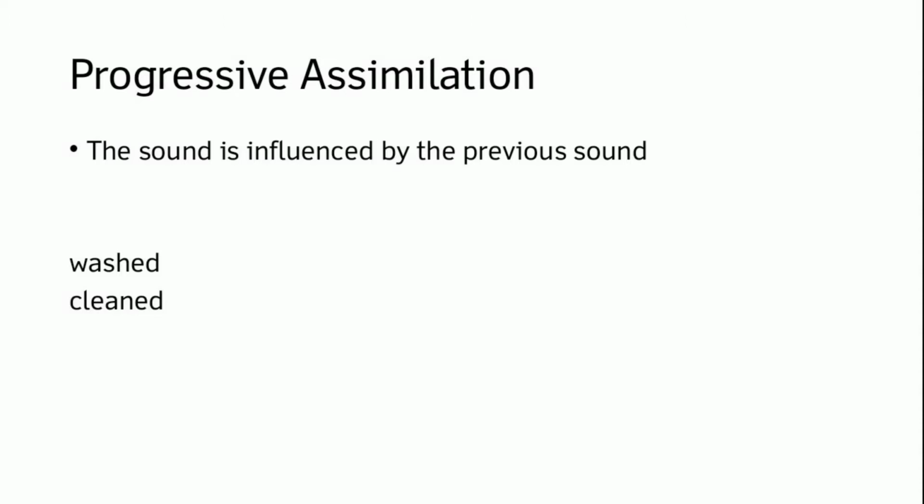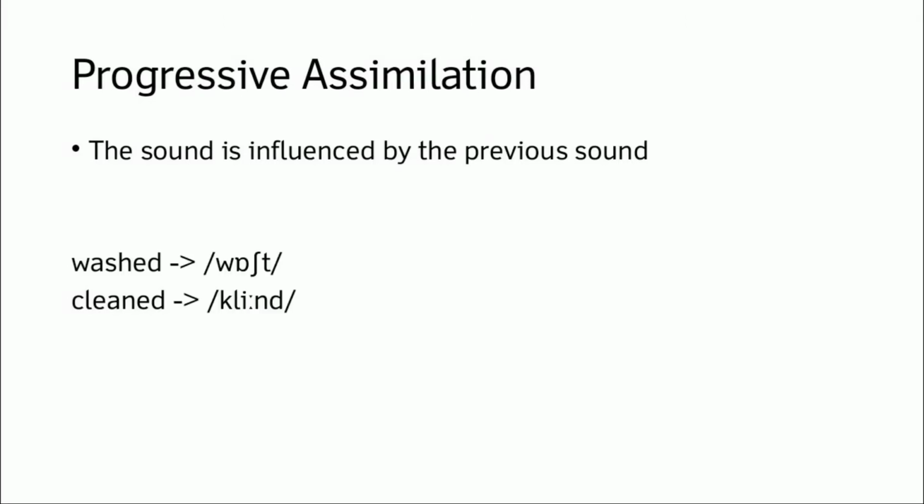However, if you look up the dictionary and see the transcription, you will see that the two words end with a different sound. For the word washed, it ends with t, and for the word cleaned, it ends with d.